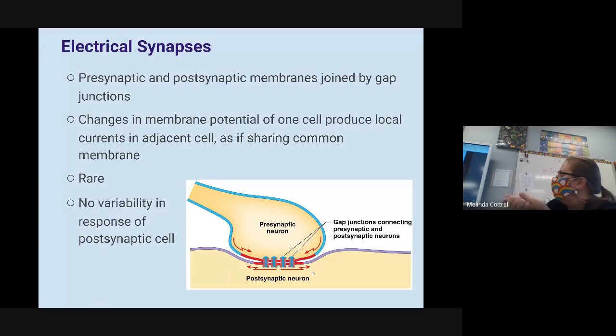And that change in the membrane potential of one cell, because they're connected physically, will affect the membrane potential of the adjacent cell. All right, it's much quicker, because you don't have to wait for the neurotransmitter to cross the synapse. This is almost immediate, but it's just not as common.